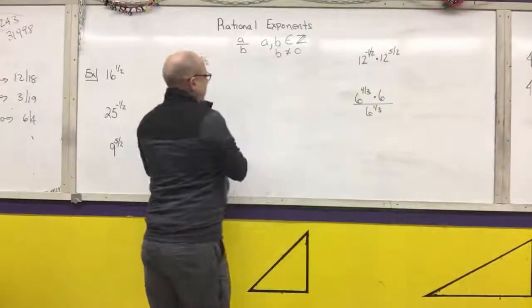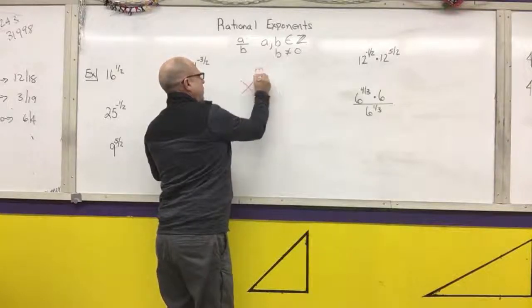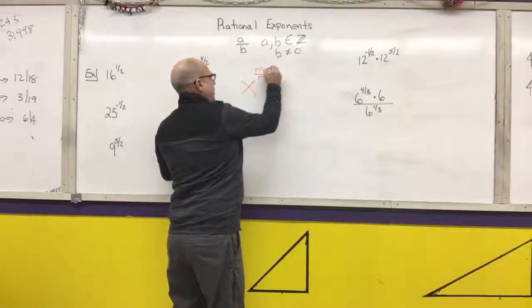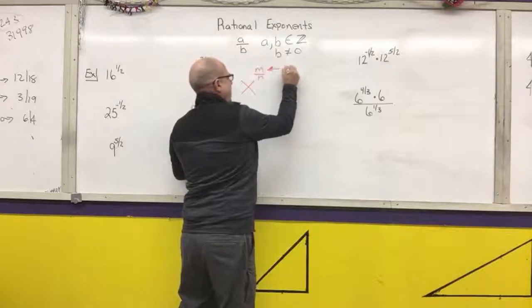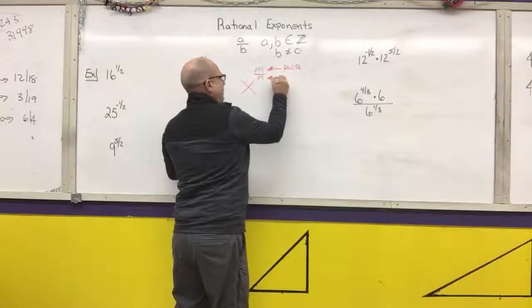And what the rational exponent really means, if I have x to the m over n, the top number means a power, and the bottom number means a root.